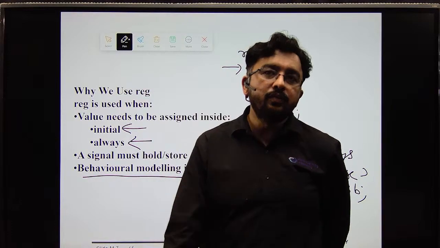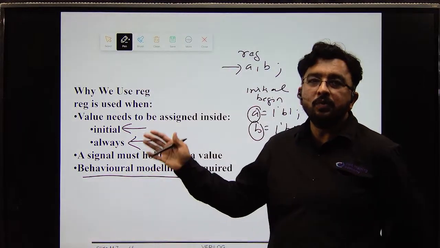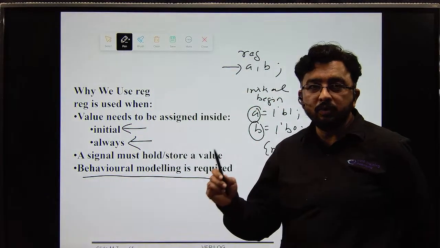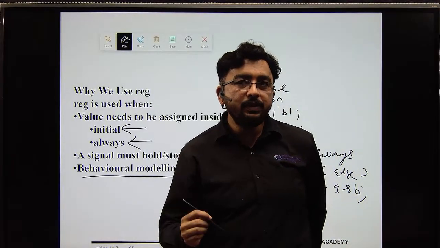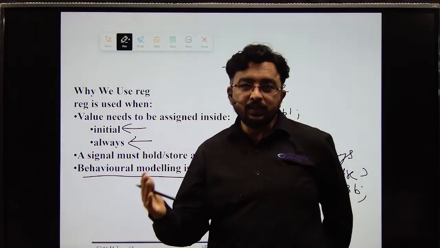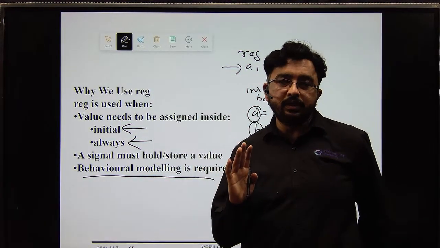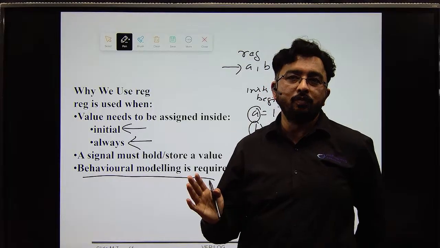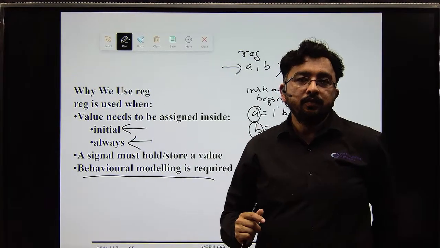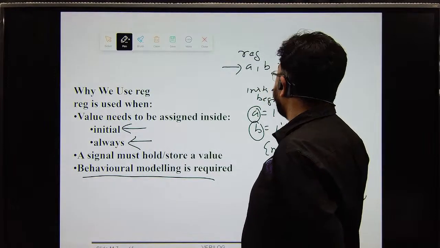Reg is used only in behavior modeling or in the test bench to store the value or to hold the value. Okay, very simple. To store the value or to hold the value. Where is it used? Inside initial and always. With what is it used? Inside blocking and non-blocking statements. I still have not told you what blocking and non-blocking are. Okay, that is a very important concept that we will learn when we start the behavior modeling.